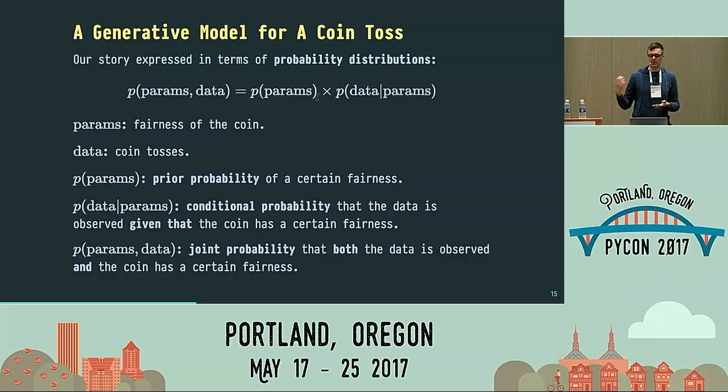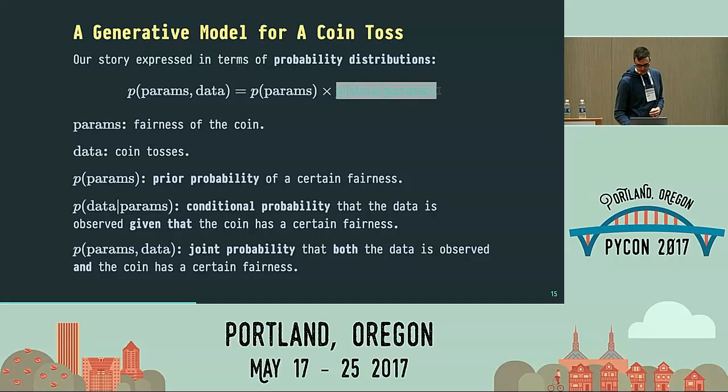If you throw it 100 times, you probably think it should be heads and tails more or less 50-50. But if you get this coin at a trick shop, or if you suspect that somebody wants to trick you with this coin, then maybe you want to encode that you think it will be very biased. Maybe it only will show you heads, or maybe both sides are heads. I don't know. But you want to encode this into this prior probability.